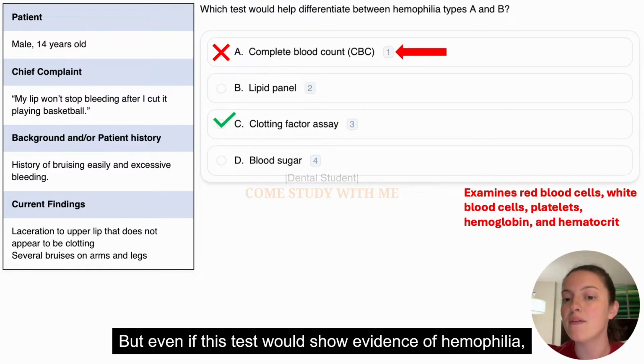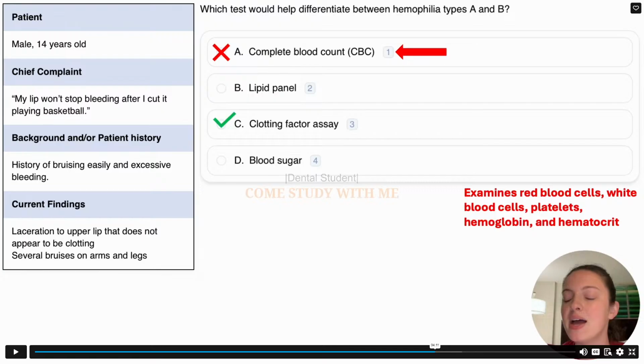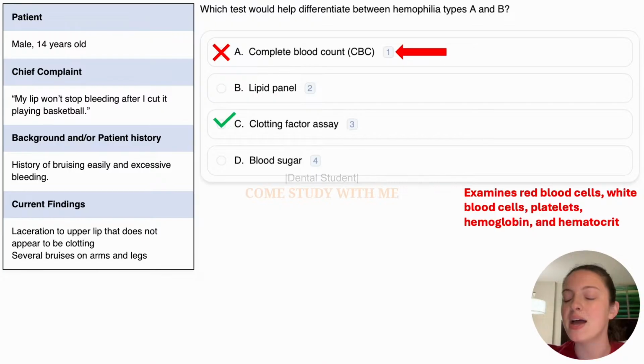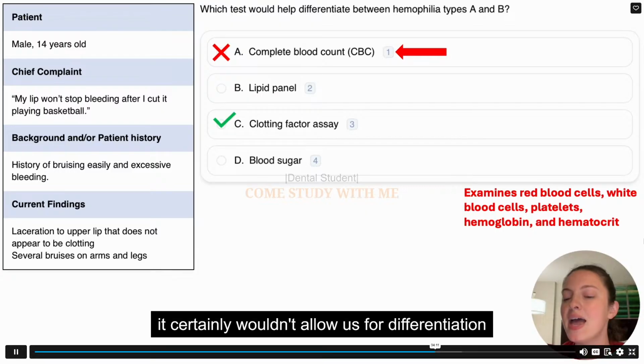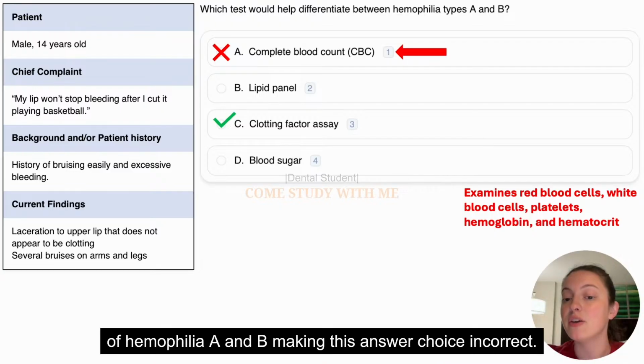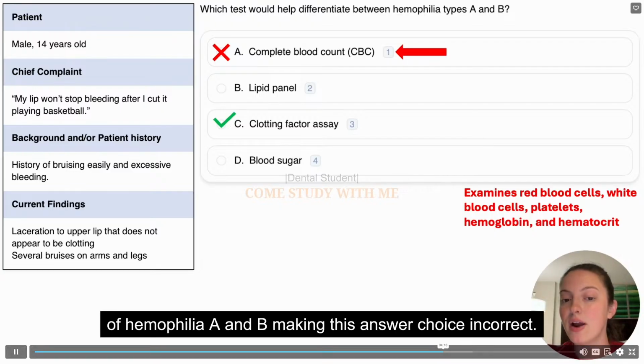But even if this test would show evidence of hemophilia, it certainly wouldn't allow us for differentiation of hemophilia A and B, making this answer choice incorrect.